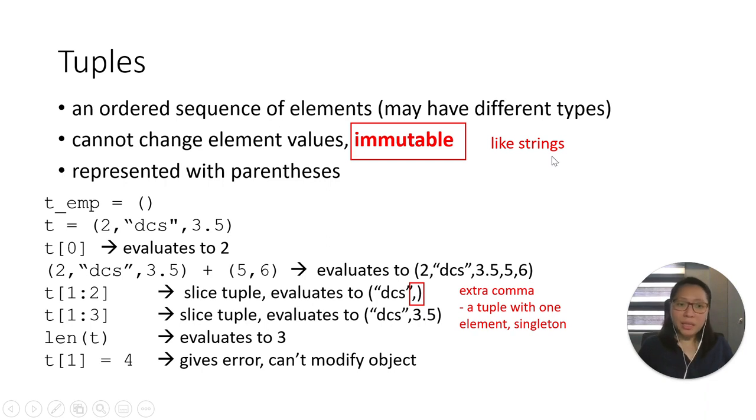The operations and the syntax are quite the same, except that strings only have characters as their elements, while a tuple may have different types of objects in its sequence.